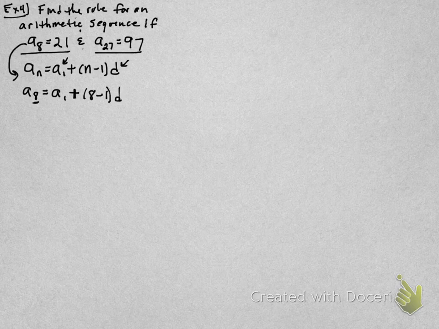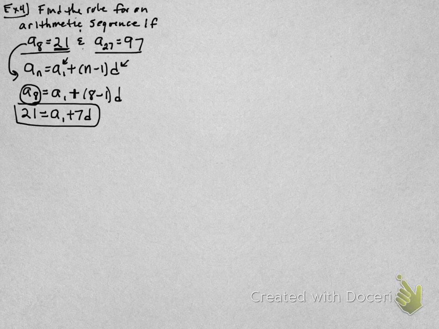Even more than that, I'm going to change what a sub 8 is. A sub 8 equals 21, so I can put 21 equals a sub 1 plus 8 minus 1, isn't that just 7? Let me just write 7d. So I have an equation here, let me kind of box it.